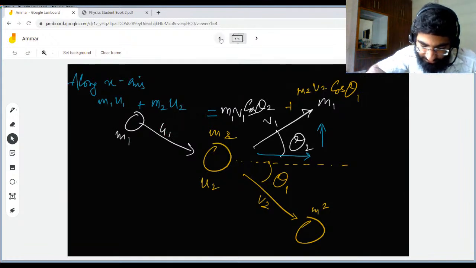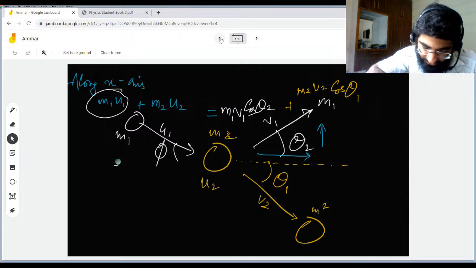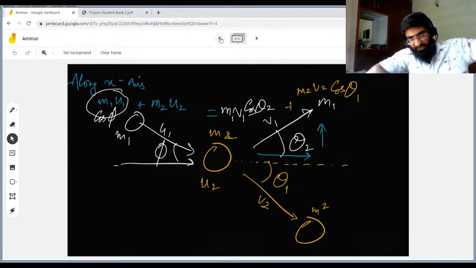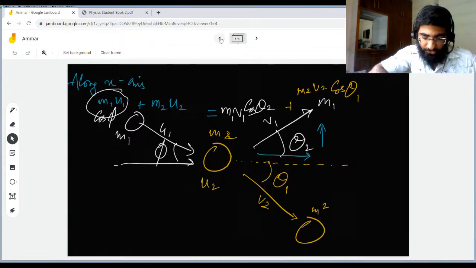Then instead of taking m1 u1, we would have taken, let's call this phi, m1 u1 cos phi over here. Had this u1 been at an angle, we would have taken only the x component of it, because right now we are talking along x-axis only.